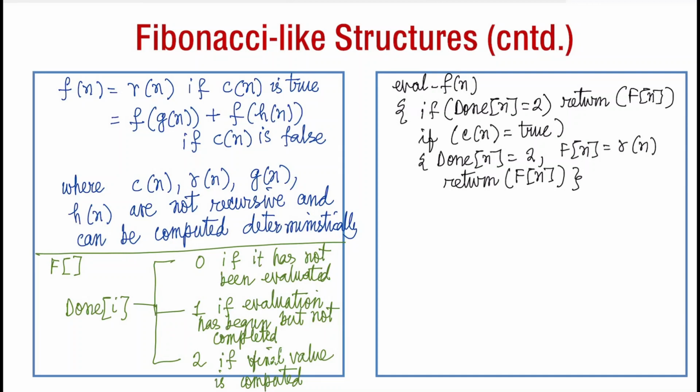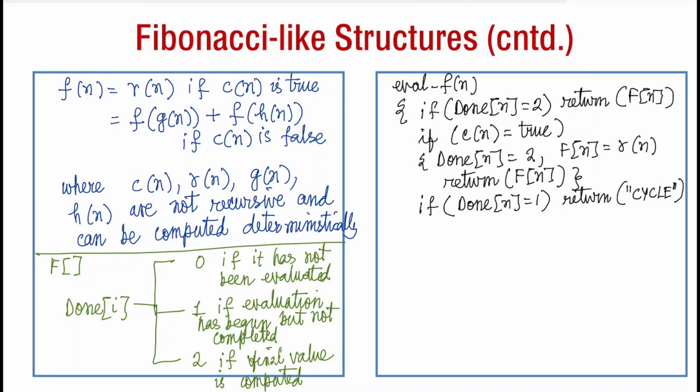The most complicated part comes if done n is 1. This means that it is neither a base condition nor has it been completed. So it has entered, but done n was not 2, so it has not been completed, and therefore here is a return cycle detection.